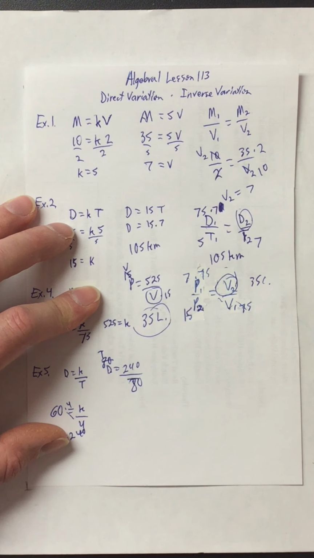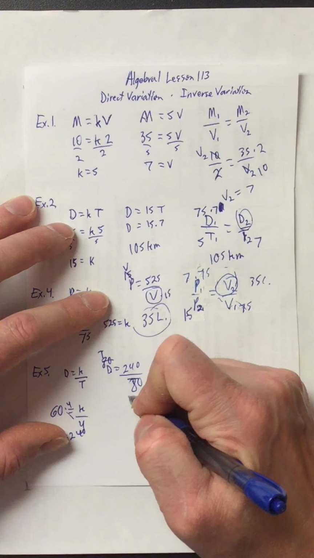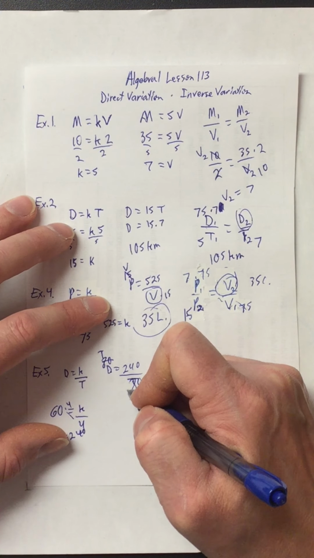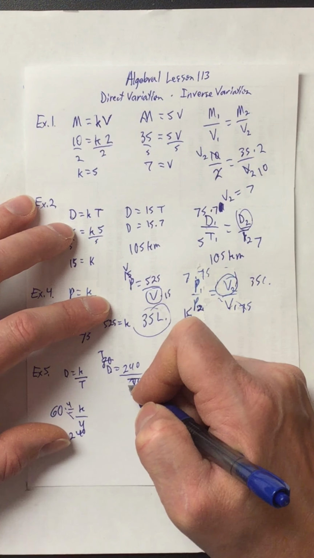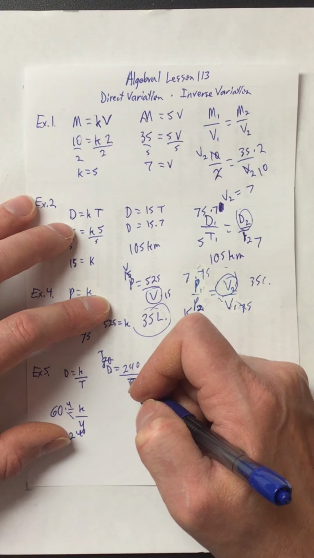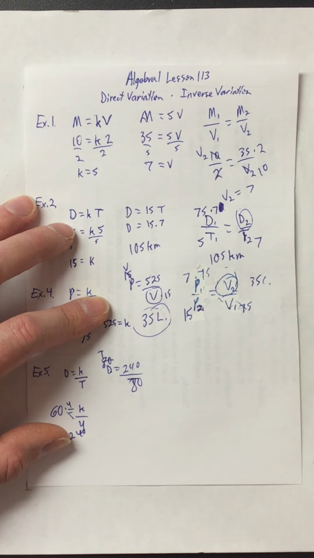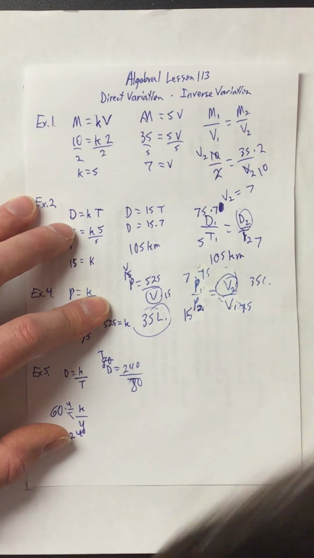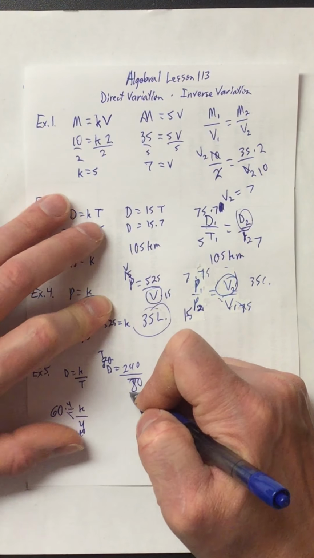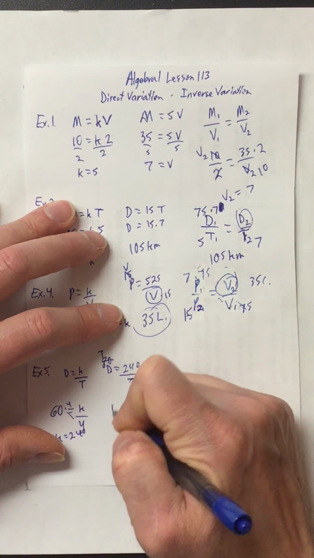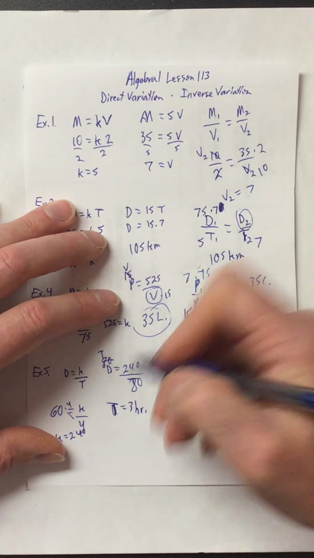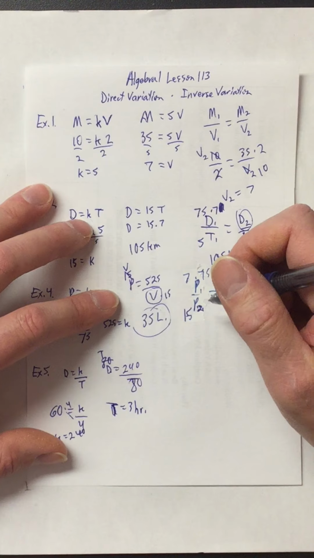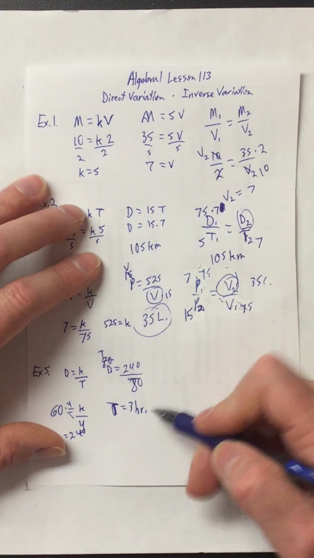So 240 divided by 80, and we get... I read the calculator wrong. It's 3 hours. Couldn't see it correctly. All right, so our time is 3 hours, and I think that was right. You're twice as fast, but the time didn't halve.